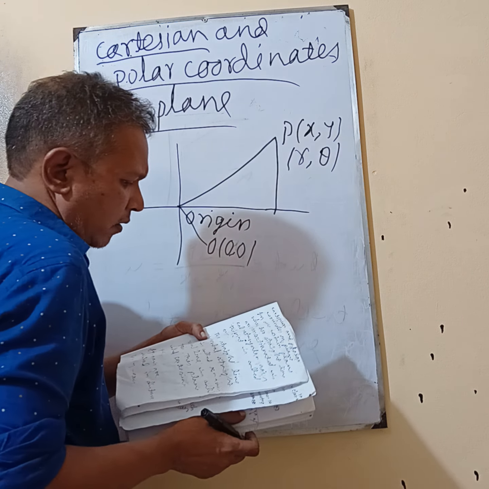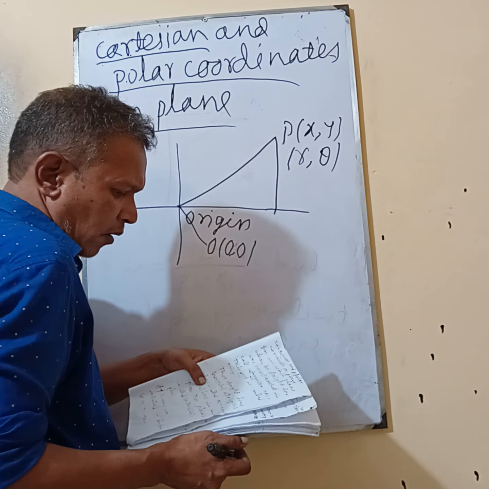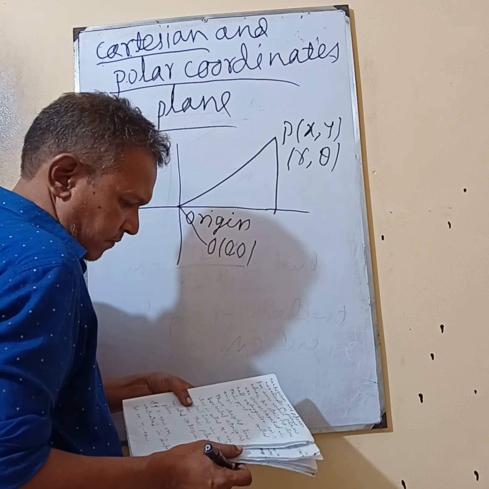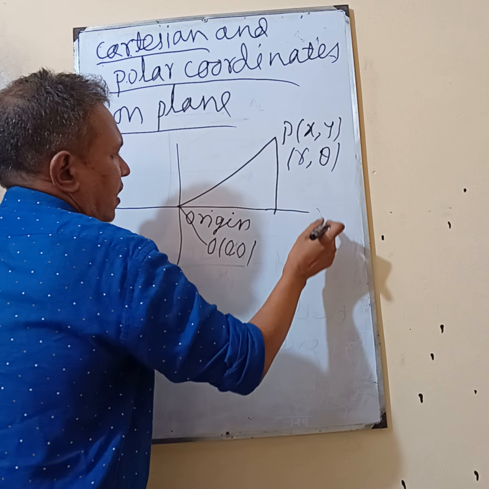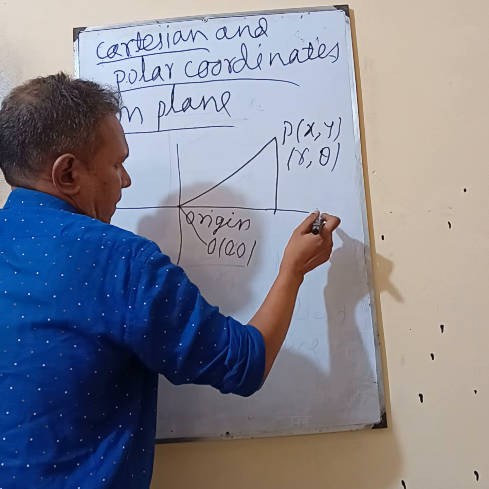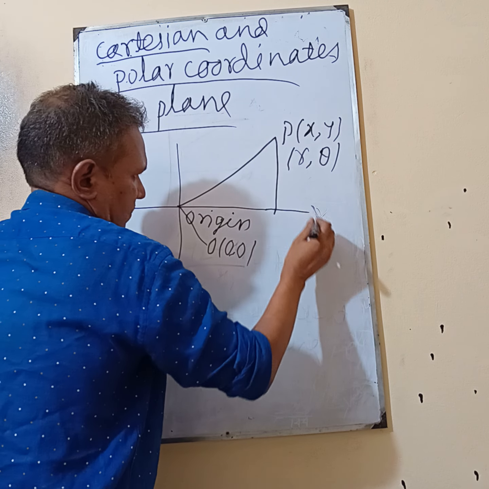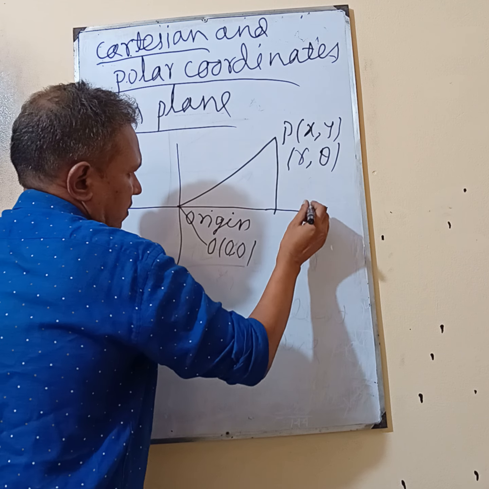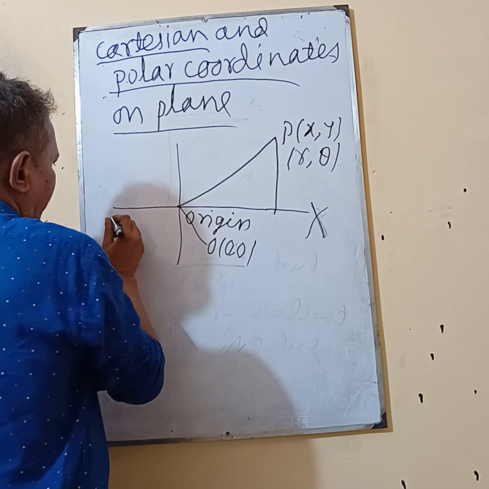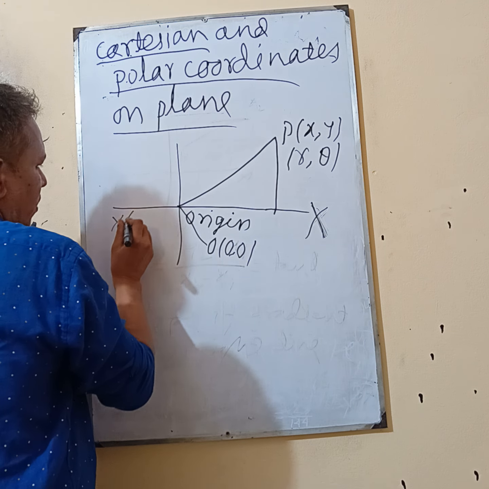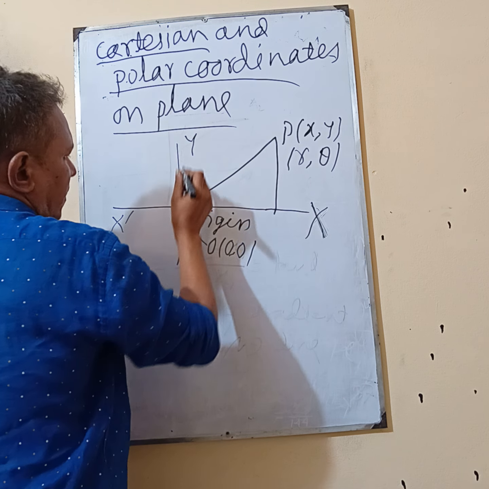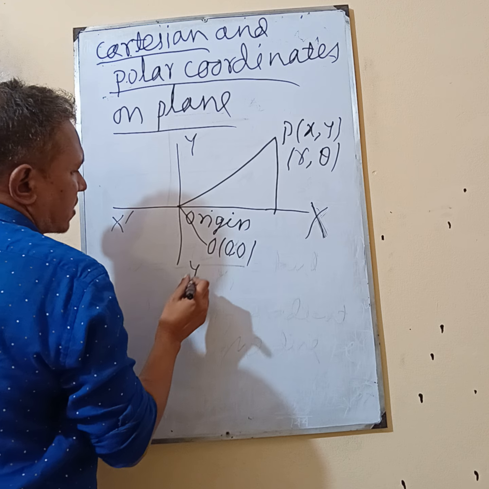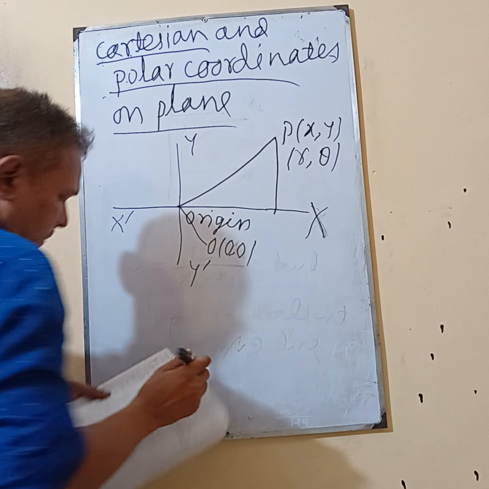The horizontal straight line is called the x-axis, X'OX, and the vertical line is the y-axis.